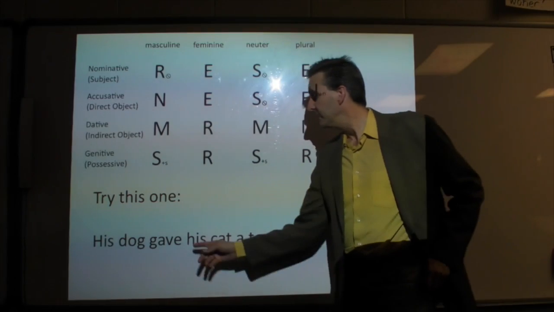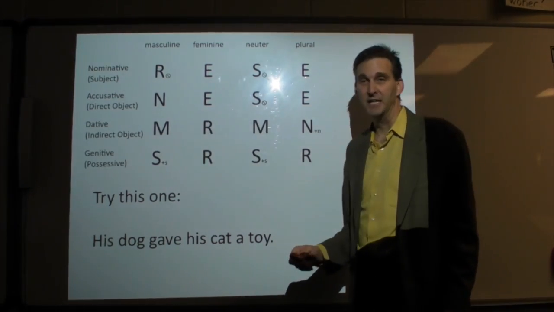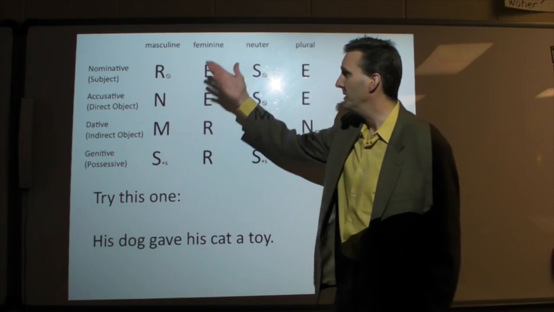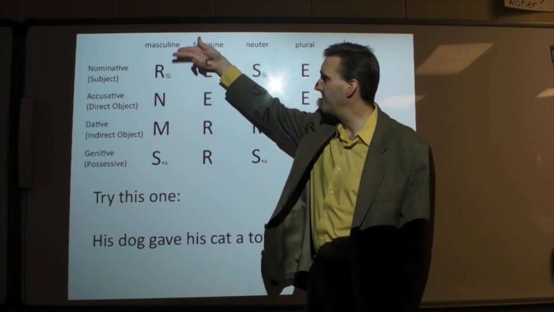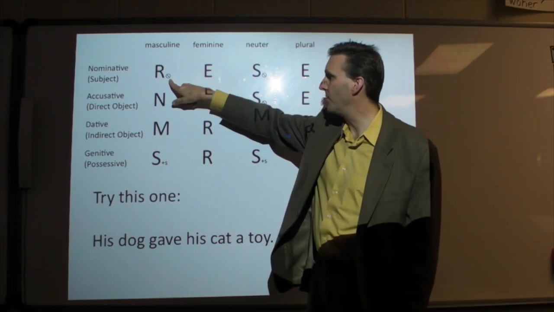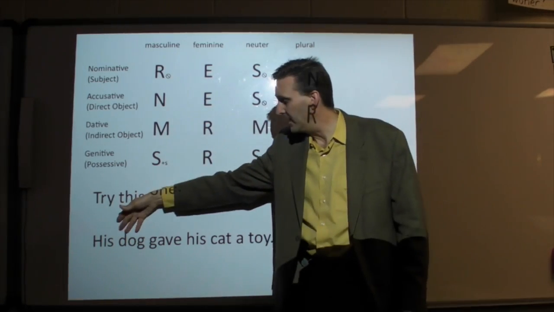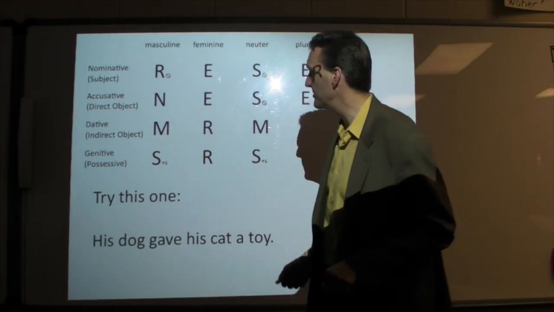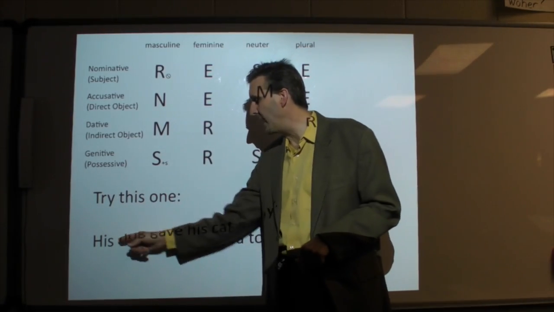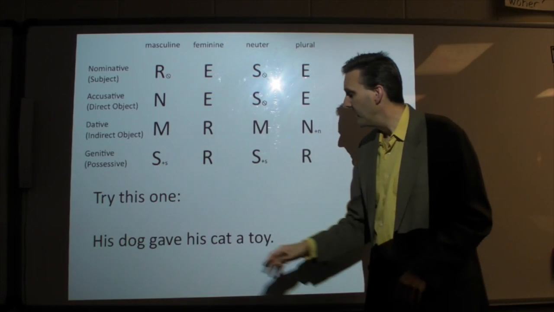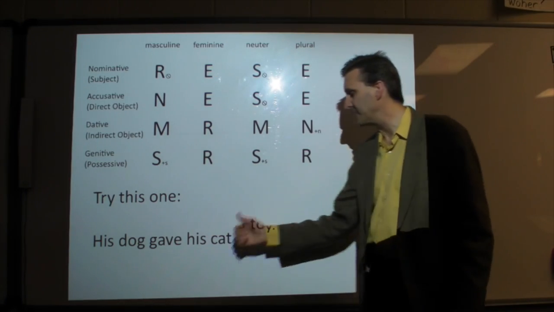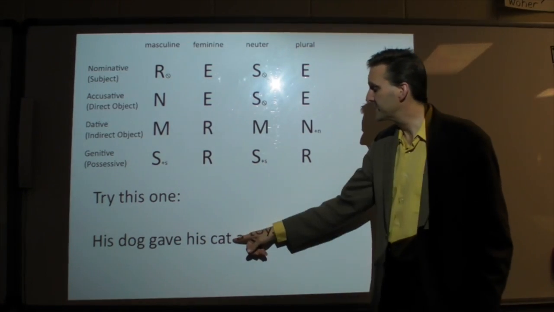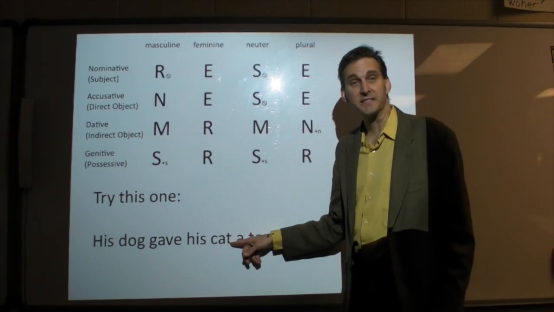How about this one? His dog gave his cat a toy. So, his dog is the subject. We know the dog is masculine and is the subject. And there's an orphan sign. So, does his orphan the endings? Yes, it does. So, sein has no ending. Sein Hund. Okay. Gave, I guess that'd be hat and then gegeben at the end. So, hat. His cat is functioning as the what?